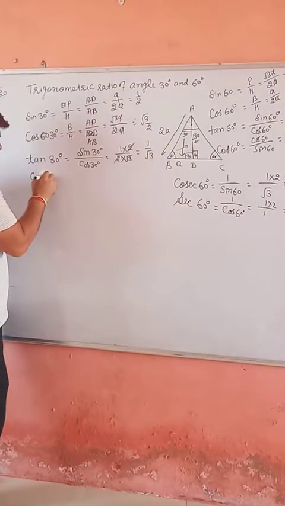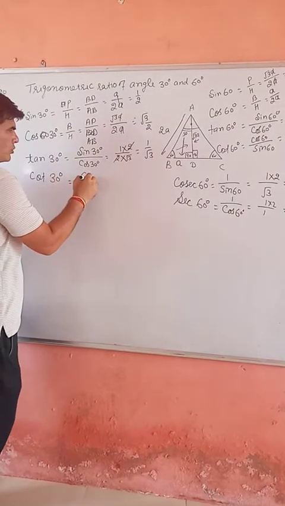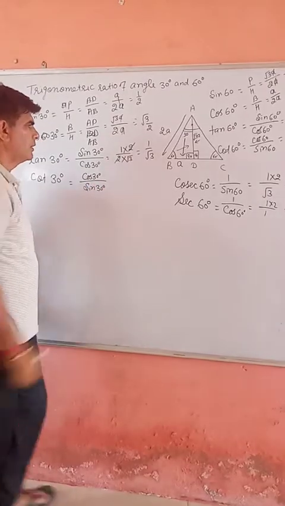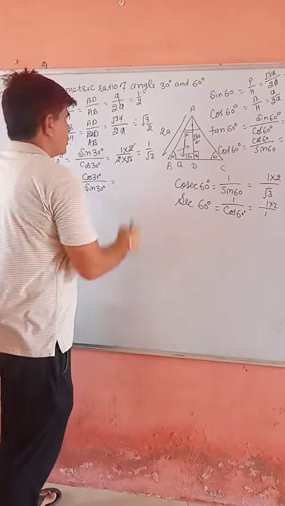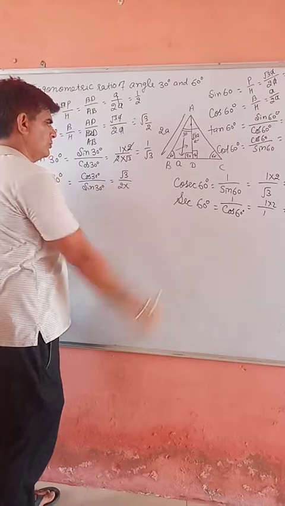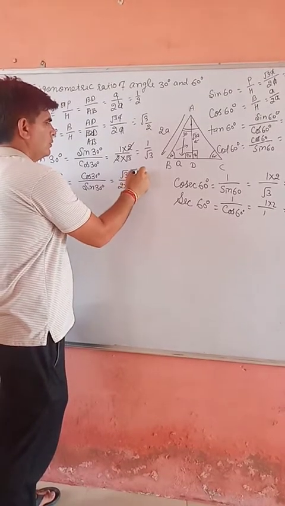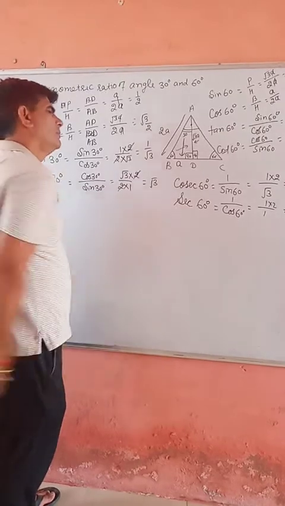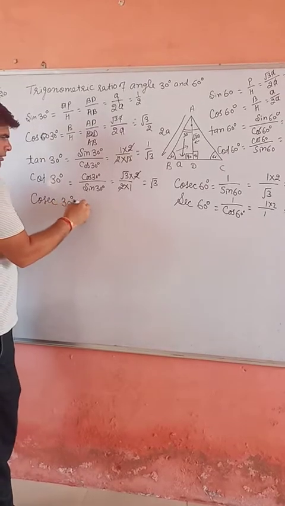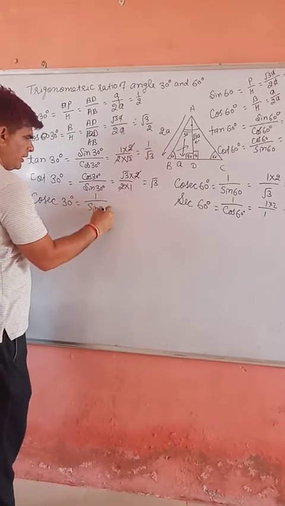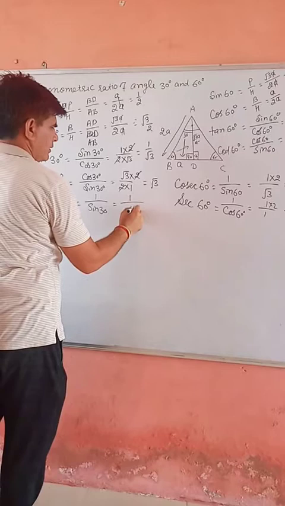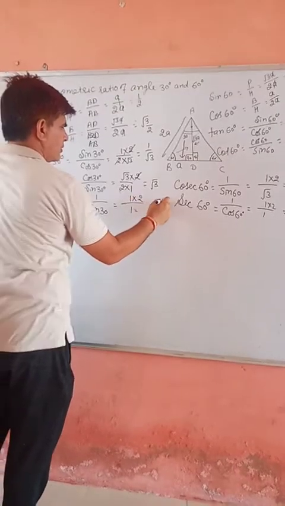Cotangent 30 degrees is equal to cos of 30 degrees by sine of 30 degrees. Cos is √3 by 2 into 1 by sine, which gives √3. Similarly, cosecant 30 degrees is equal to 1 over sine of 30 degrees. Sine 30 is 1 by 2, so it is 2.